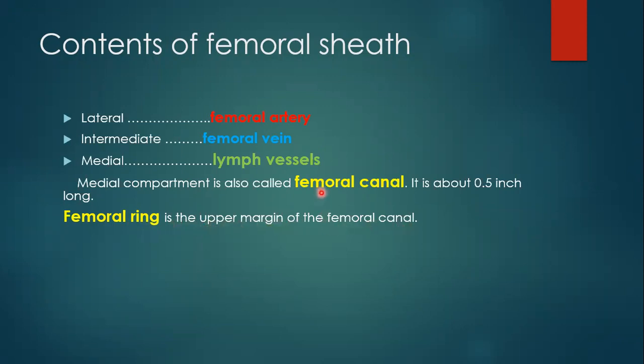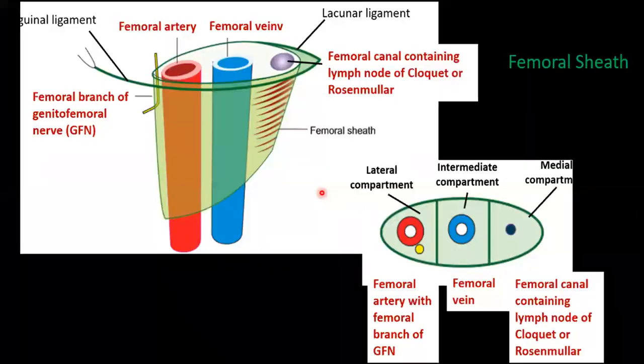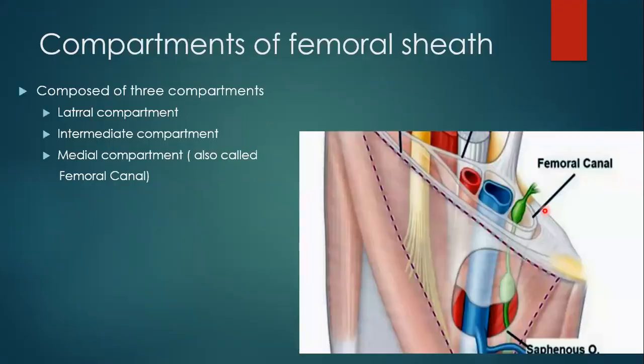Okay, this is the femoral canal, the medialmost compartment, and this is the upper margin of this canal. This is the femoral ring. Okay, and then there is a septum over this ring, which is known as the femoral septum.